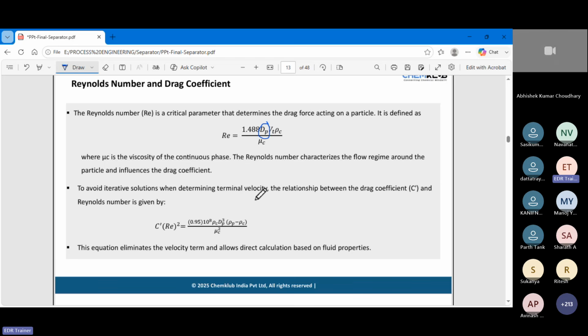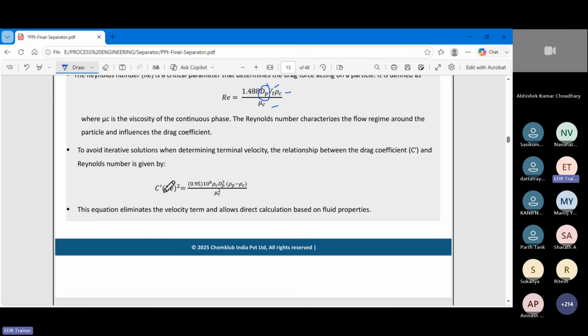So you have a terminal settling velocity, and you also need to calculate the terminal settling velocity because you don't have it. Then density and viscosity, which you have. Now you can calculate by using a RE value, and other details you have to determine all the values.